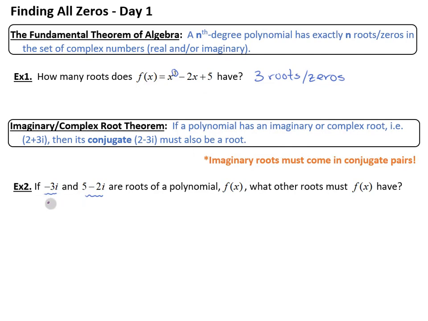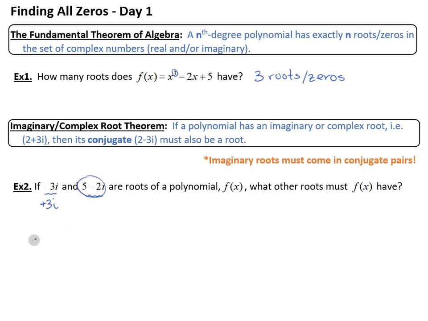So if you think about this as a complex number, this would be 0 minus 3i. So its conjugate, 0 plus 3i, which we would really just write as plus 3i, must also be a root. So if negative 3i is a root, positive 3i must also be a root.